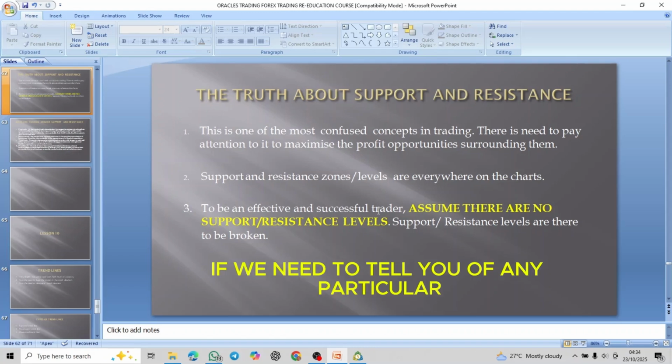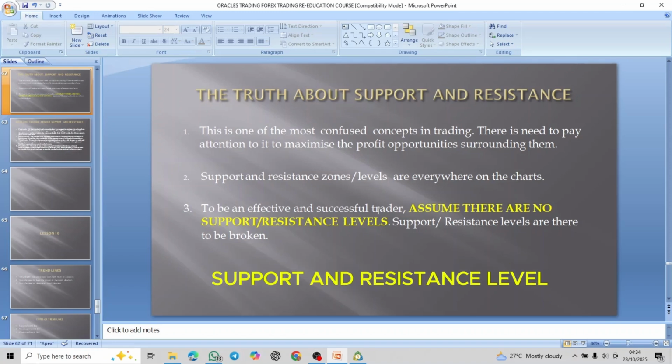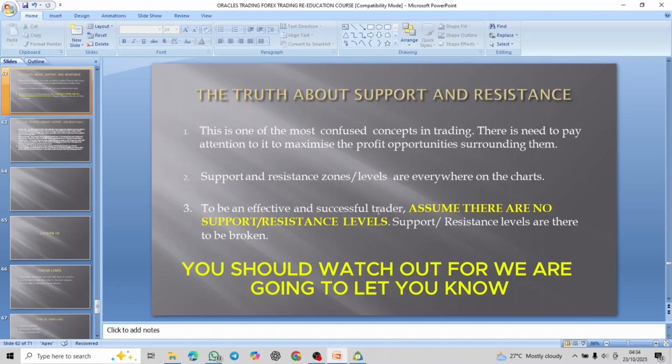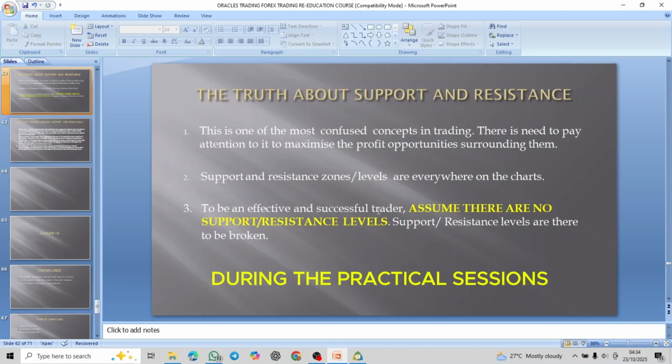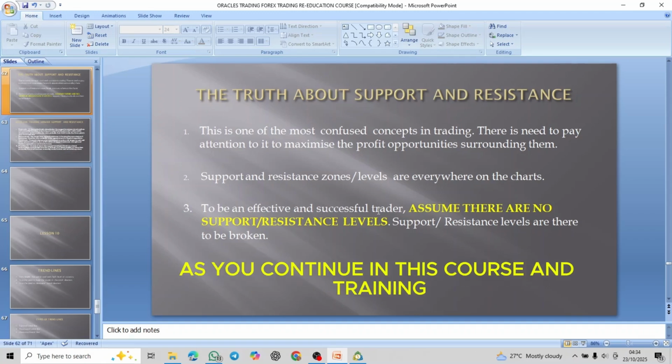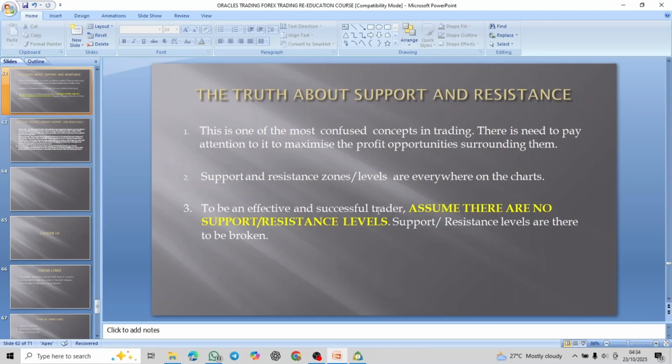If we need to tell you of any particular support and resistance level you should watch out for, we are going to let you know during the practical sessions as you continue in this course and training. Very simple way of doing that, we are going to let you know.